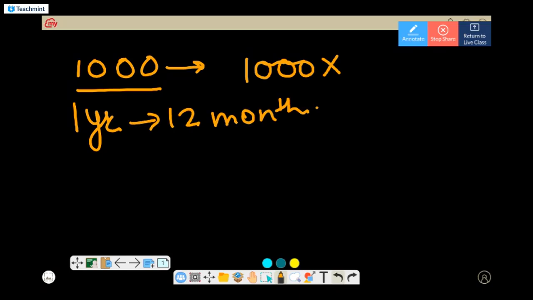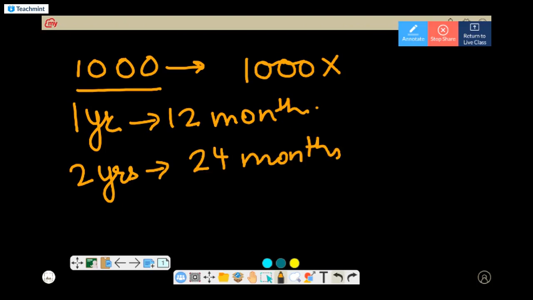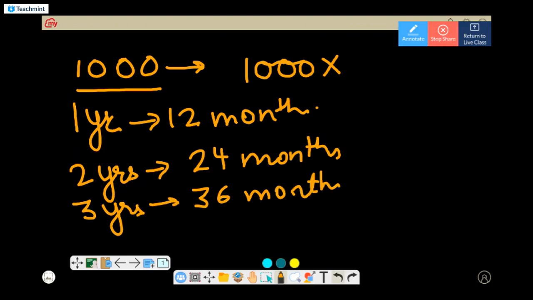So 1 year will have 12 months. Similarly, 2 years will be 24 months, 3 years, 36 months. So if you know the table of 12, that is what you need. Okay, write this down.